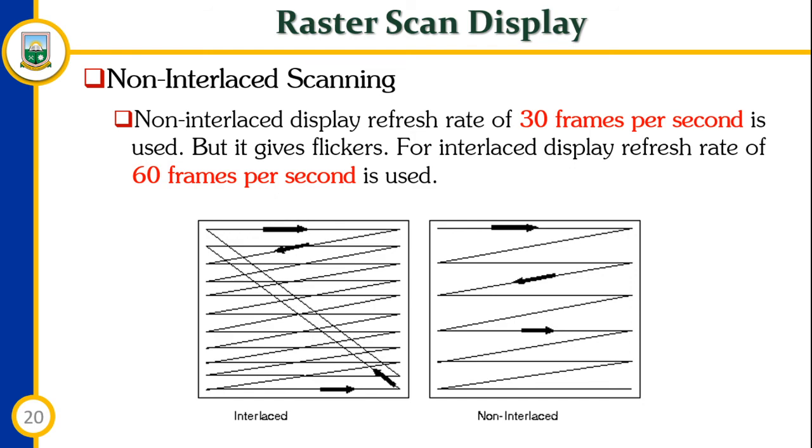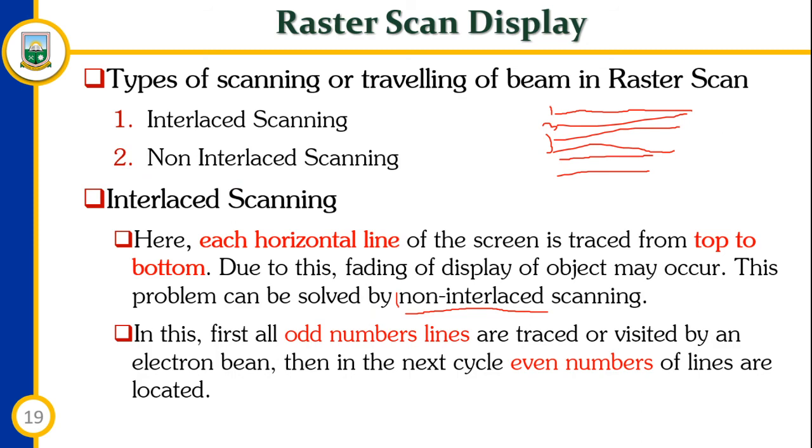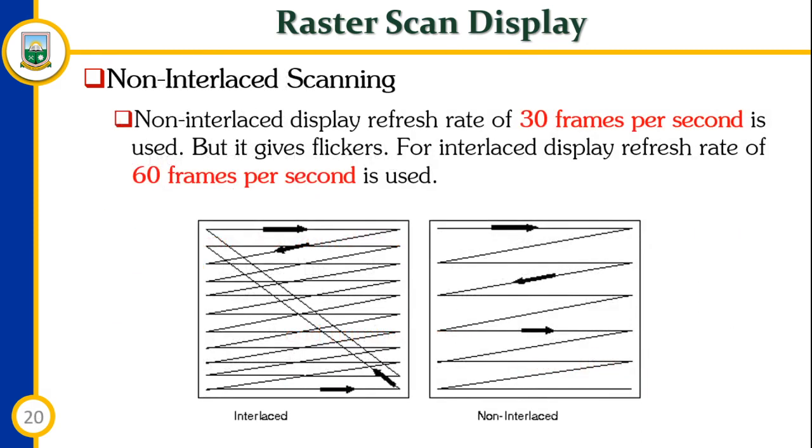So as I said, in the drawing of the electron beam, to avoid the fading of display of objects occurring, we solve this by using the interlace scanning. And by doing that, the odd rows, so you can see the odd rows are now drawn first.